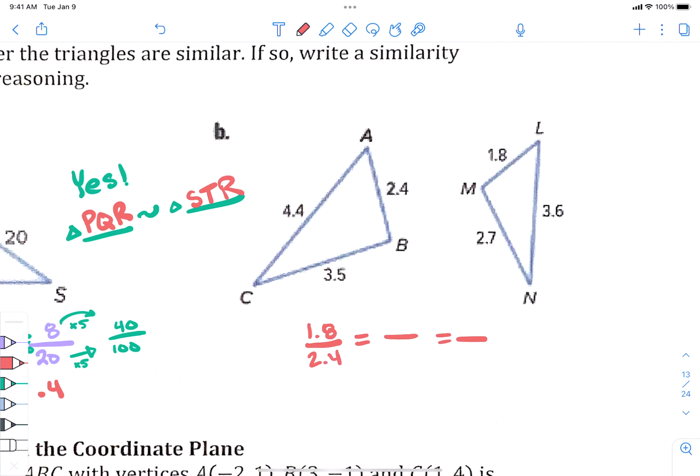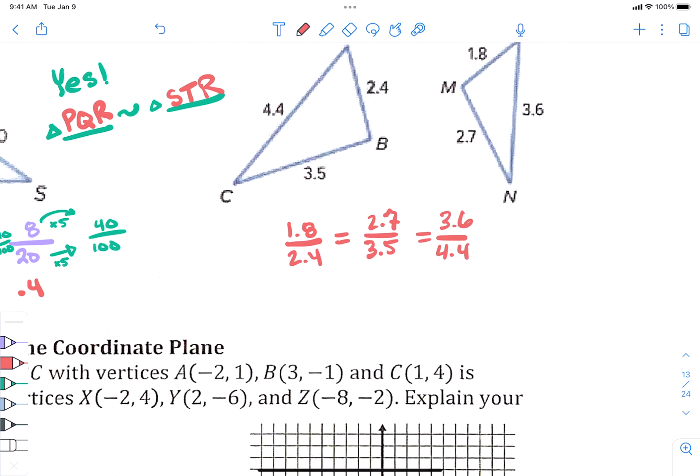I think those go together, yep. 2.7, 3.5, and 3.6, 4.4. 1.8 over 2.4 is 0.75. 2.7 over 3.5 is 0.77-ish. At this point, it's already a fail, so I don't know why I'm still going, but anyway. 0.82.